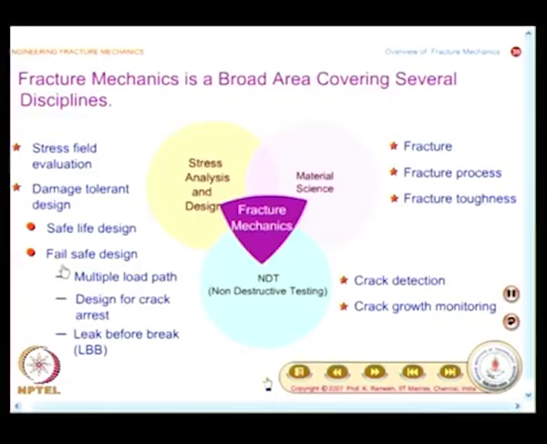Another way of looking at it is, when you are having difficult installations like nuclear power, where any accident can lead to catastrophe, you would like to invoke what is known as fail safe design. One is a multiple load path.